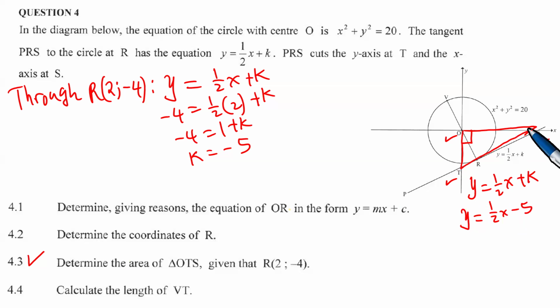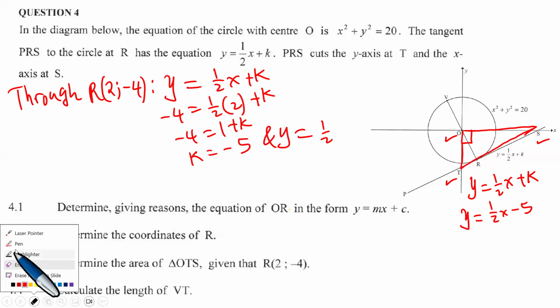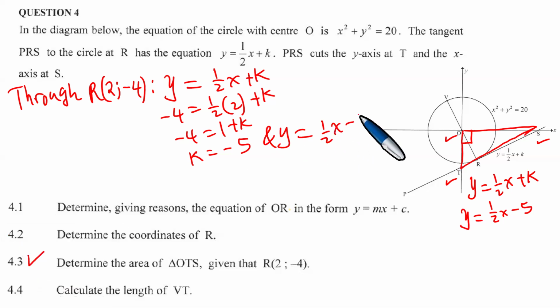A couple of things remain very important here. For instance, we want to know the x-intercept. Obviously, with this we found k, and this is that. y equals 1/2 x minus 5. Now we're interested in the x-intercept of this line.